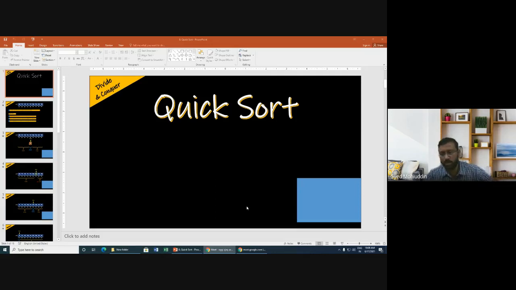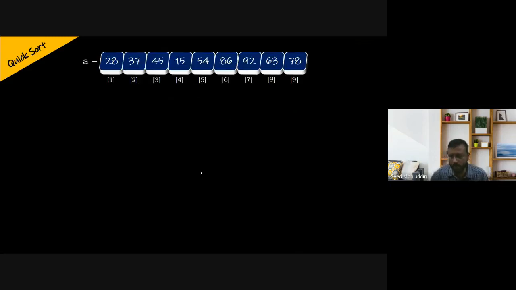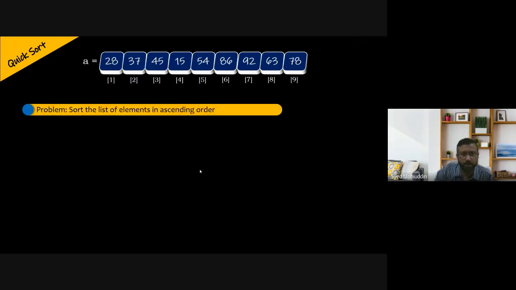Now, the merge sort, if you remember from the last class, divides the collection of elements or array into half, and subsequently into half, till the problem becomes small, that is, till there is only one element left in the array, and it says that if one element is there, then obviously it's sorted. In quick sort, the problem is the same, that is, we need to sort the collection of elements in ascending order.